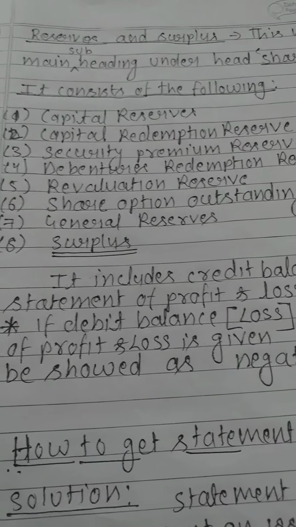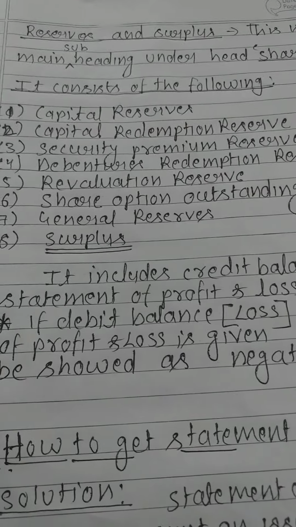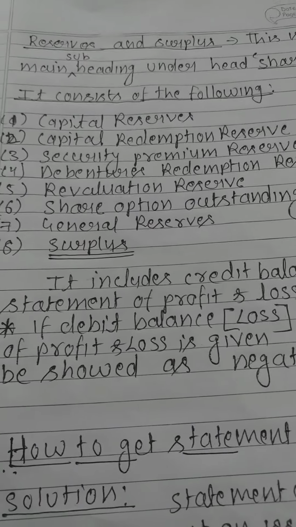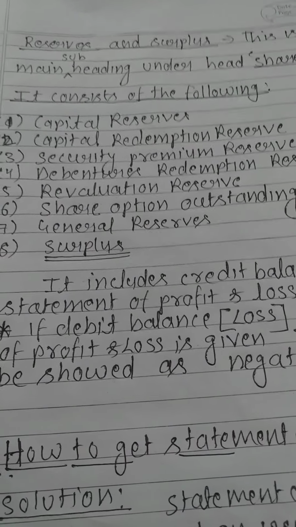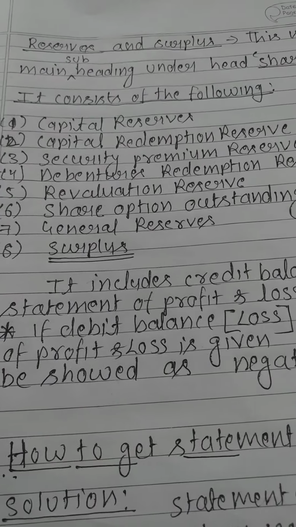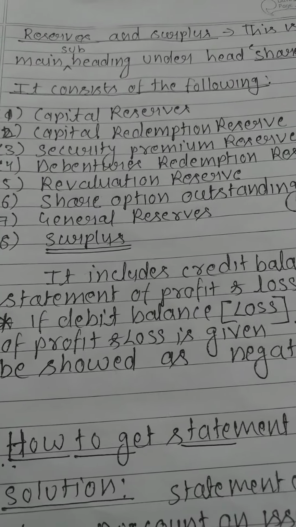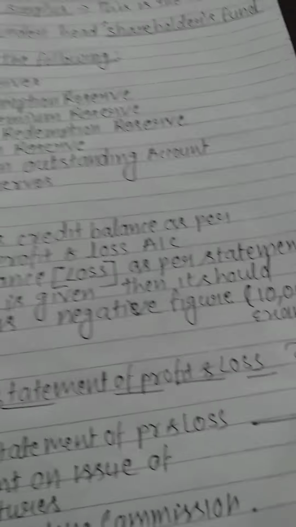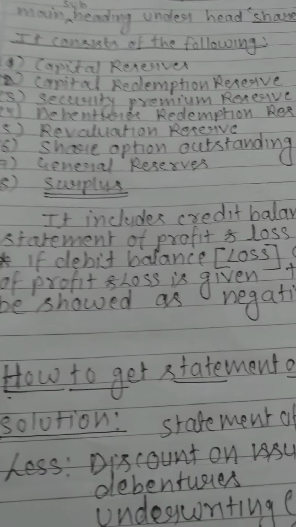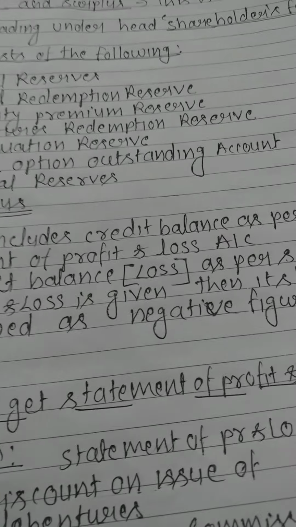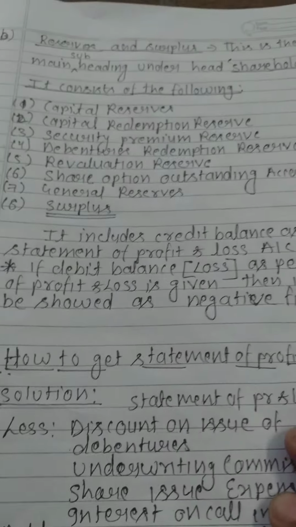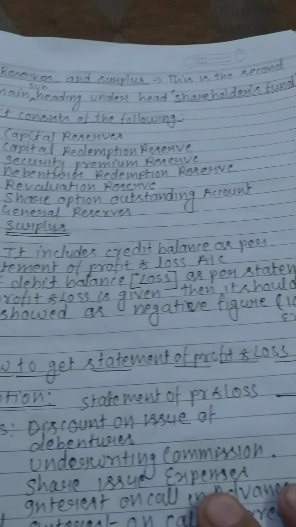Now the second one is surplus. Surplus means profit. So this main heading consists of two things: reserves and surplus. The category of reserve I have already explained. Now coming to the second one, that is surplus. It includes the credit balance as per profit and loss account. Now credit balance means favorable balance.